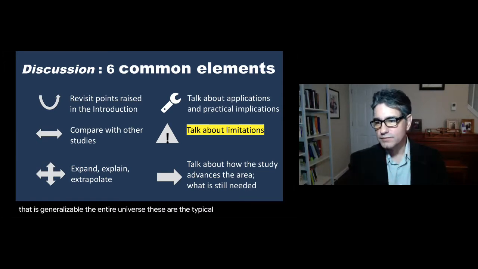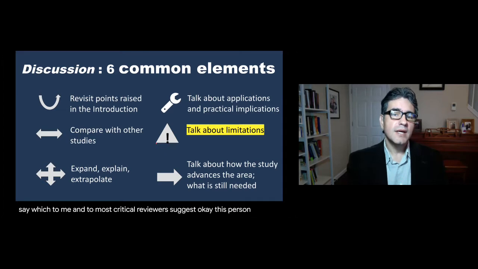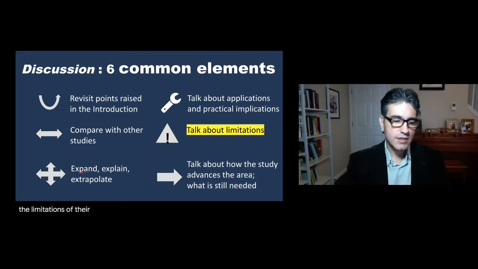These are the typical things that authors say, which to me and to most critical reviewers suggest, okay, this person has not really critically assessed the limitations of their own study.